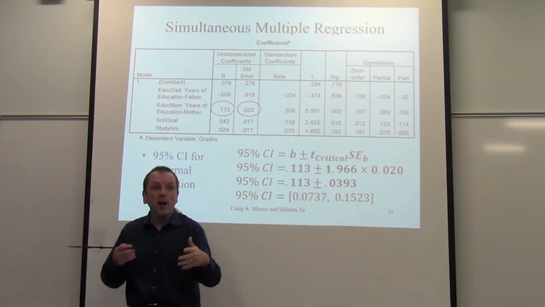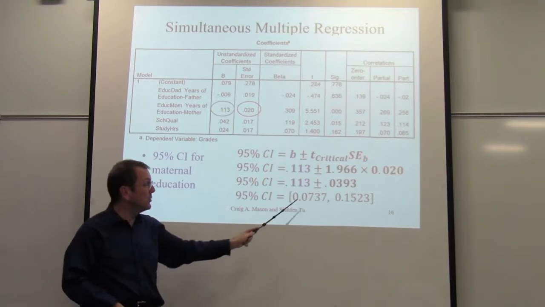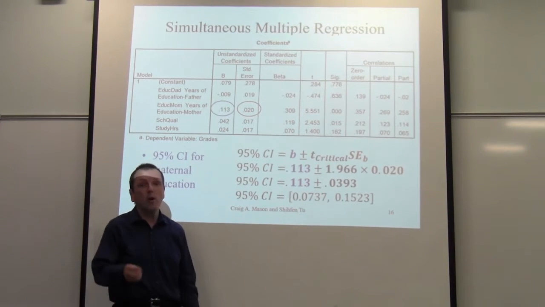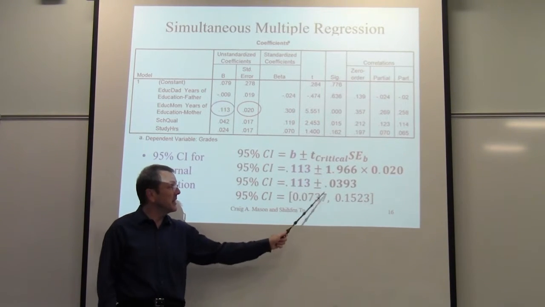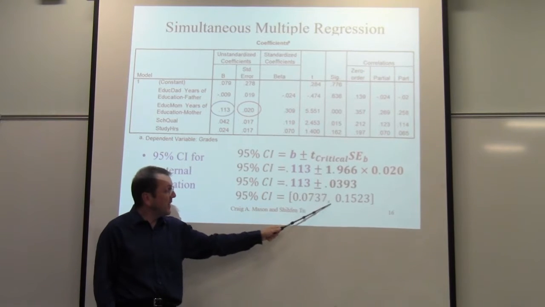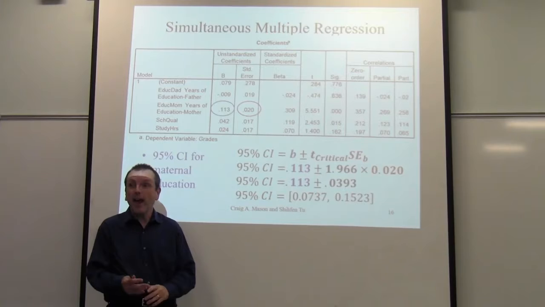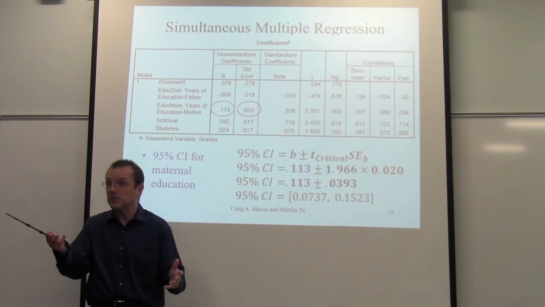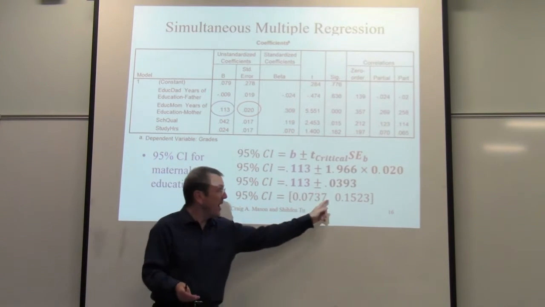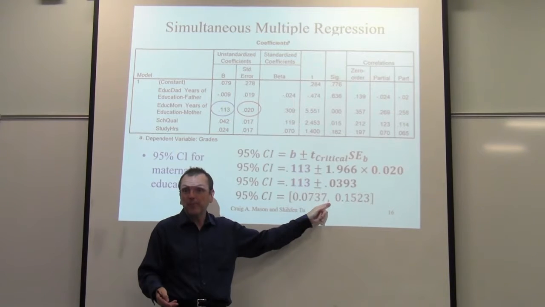So if you were doing hypothesis testing, you could look at this and say, oh, they rejected the null, because it doesn't overlap 0. If, on the other hand, 0 is somewhere in that range, then we can't be confident that the value is not 0, because we've just said I think the value could be 0.